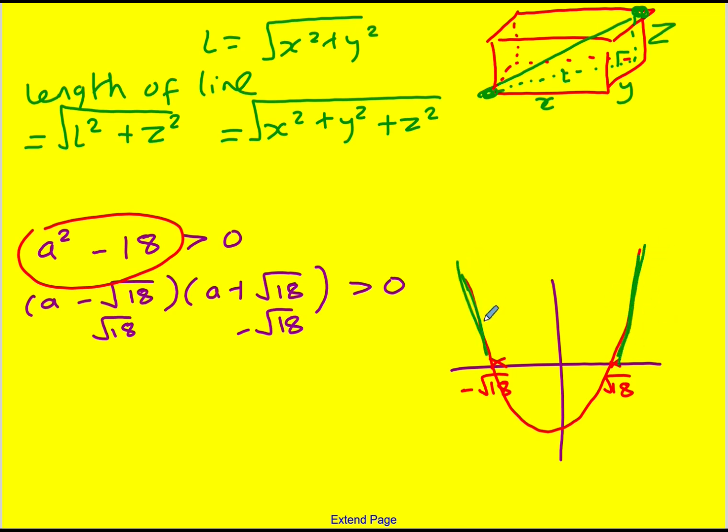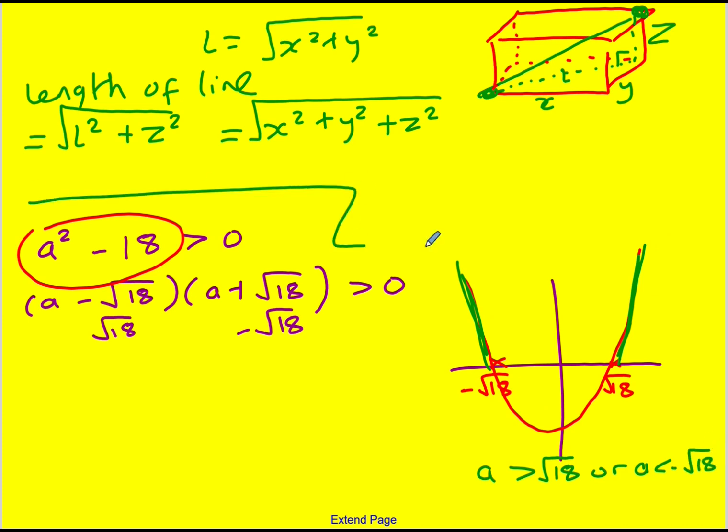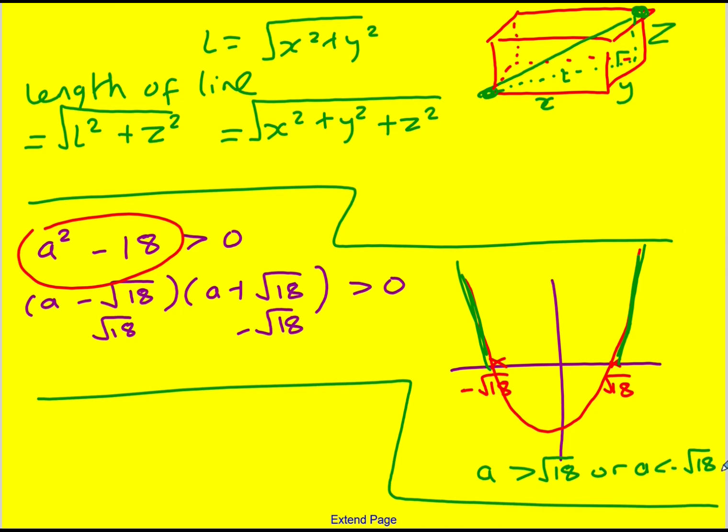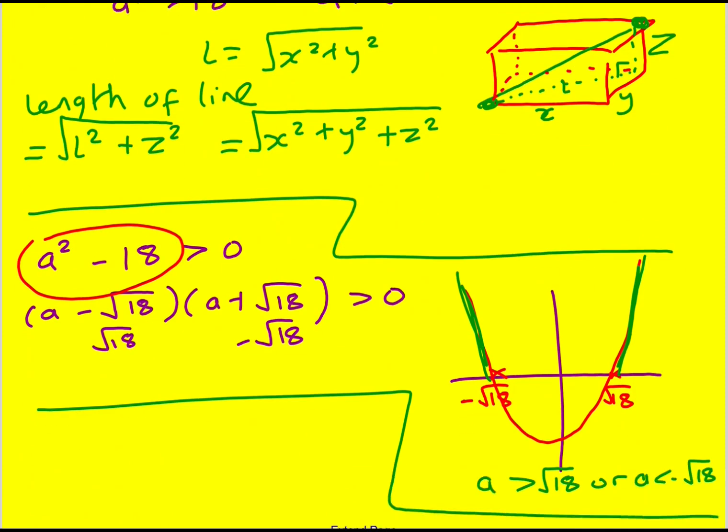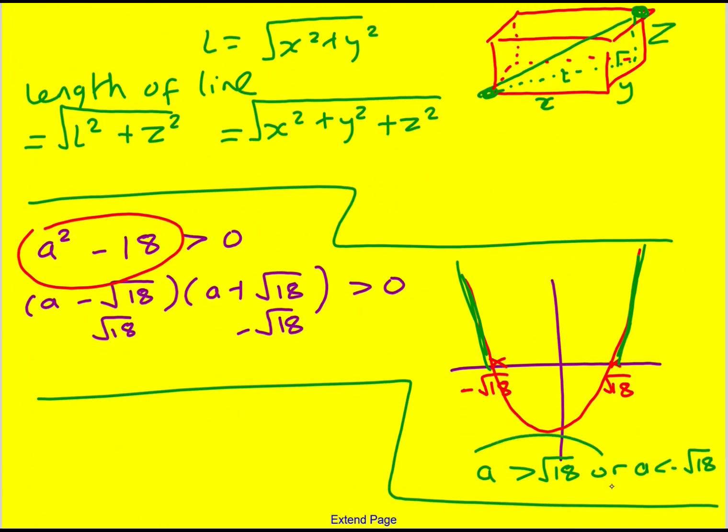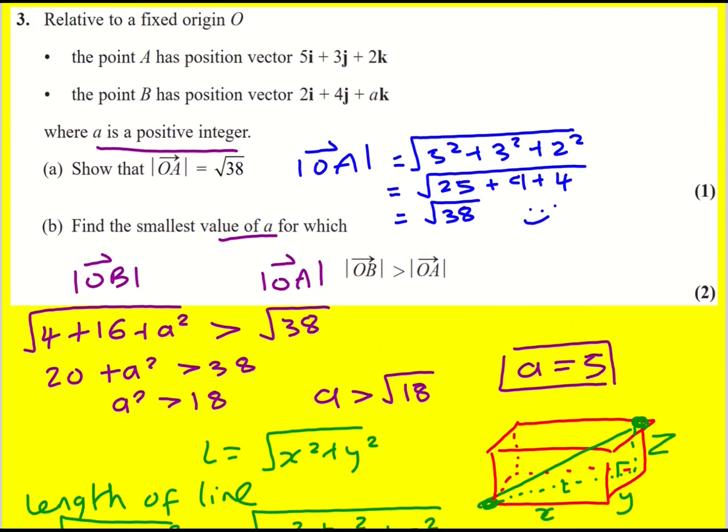So it's going to be this side and this side. So a greater than root 18 or a less than minus root 18. Of course, this is beyond what is necessary for this question. I'm just bringing in the general solution of a quadratic inequality while I'm at it. You could do it like that, and then again, because we know a is a positive integer, you're back to using this one and getting 5.